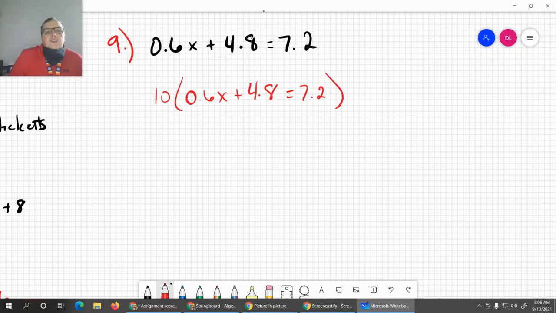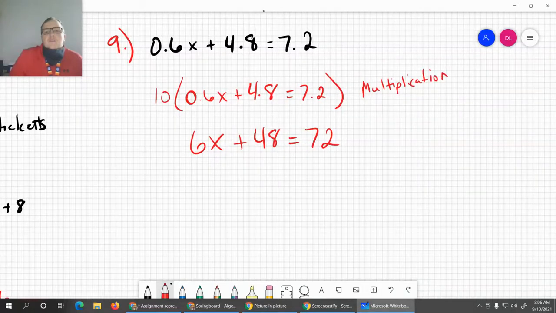And that gives me 6x plus 48 equals 72. And that's using the multiplication property of equality.